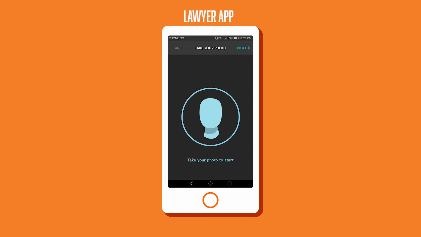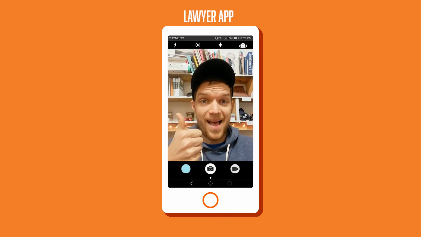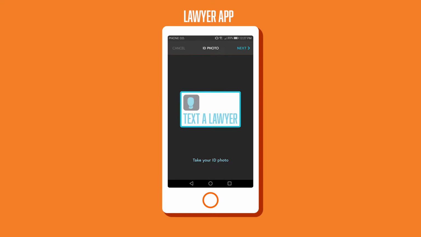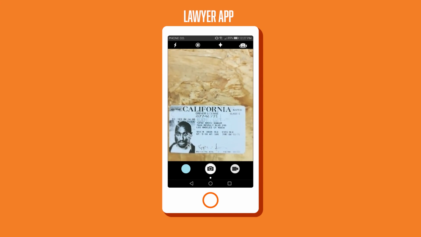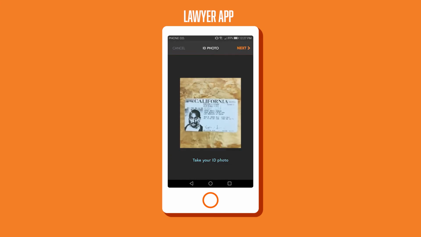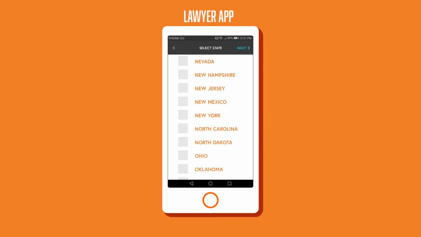Lawyers start with a selfie every time they log in. Then the lawyer must take a clear picture of their government ID. The lawyer picks the state where they have a license to practice law.